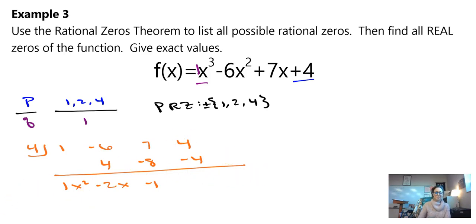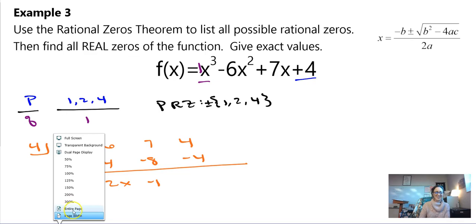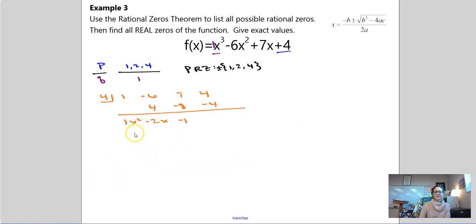Let me put that back up. All right, I've got that nice and small in the upper right-hand corner now. So I'm going to plug this in. Again, what is A? A is 1, B is -2, and C is -1. So plugging in here, we've got x equals -b, so -2 is going to be +2, plus or minus the square root of b squared, -2 squared is 4, minus 4 times a times c, all over 2a, and a is 1.